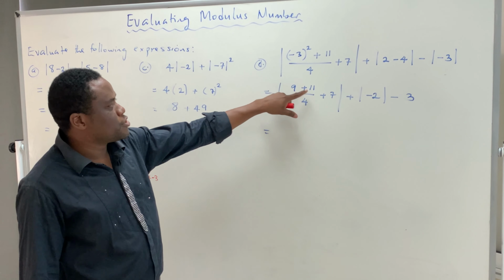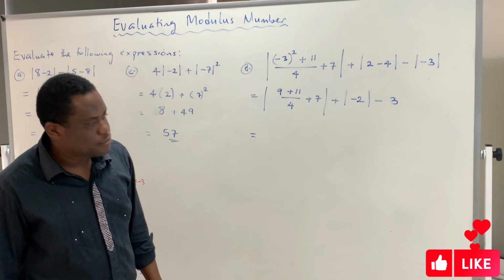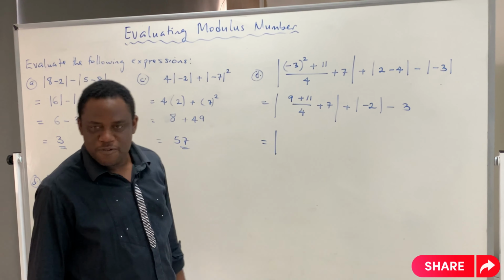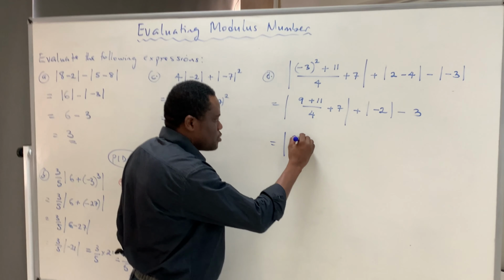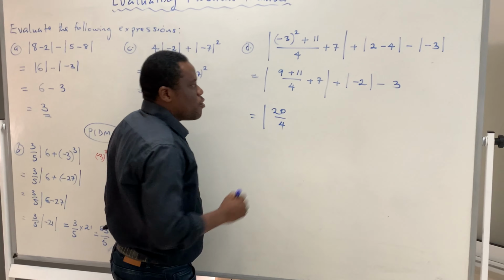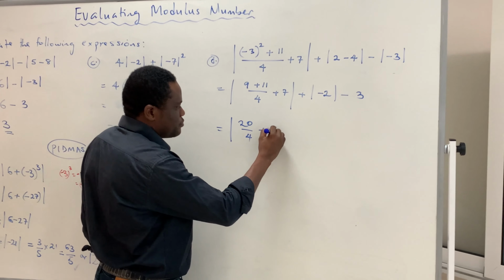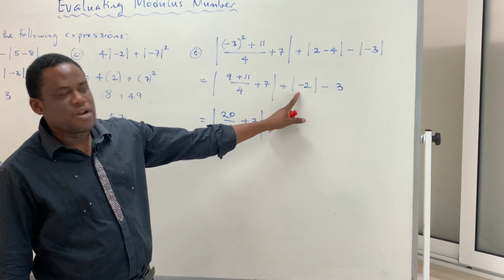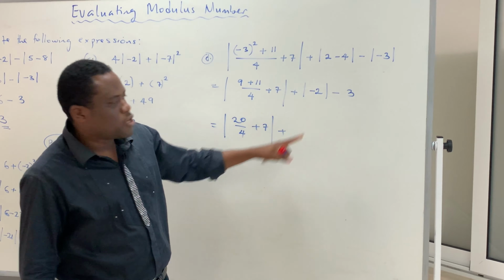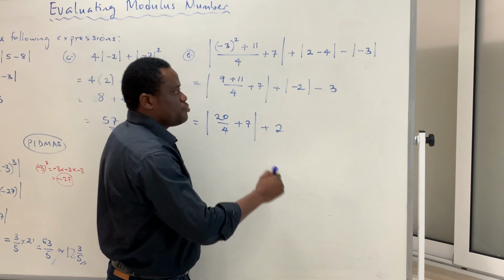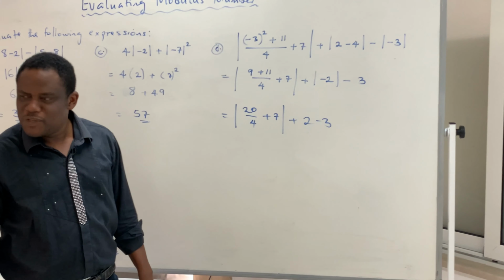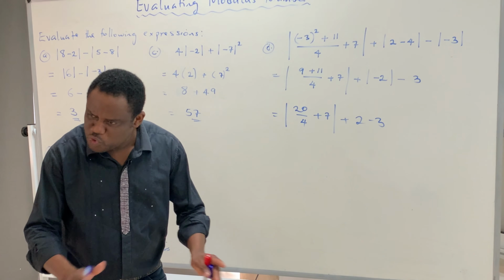Now, come back here. 9 plus 11, still inside that modulus, gives us what? 20 divided by 4 plus 7, modulus close, plus. Now we can change this modulus. The modulus of minus 2 becomes 2, and this is minus 3. You see how we are breaking it down? Don't rush.